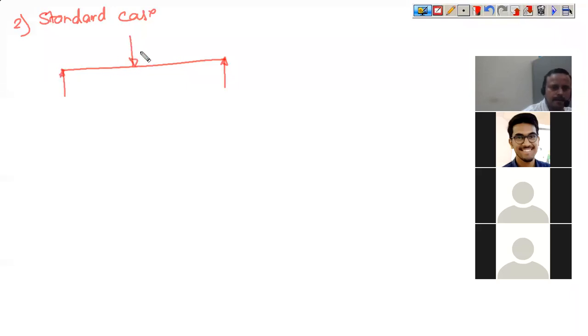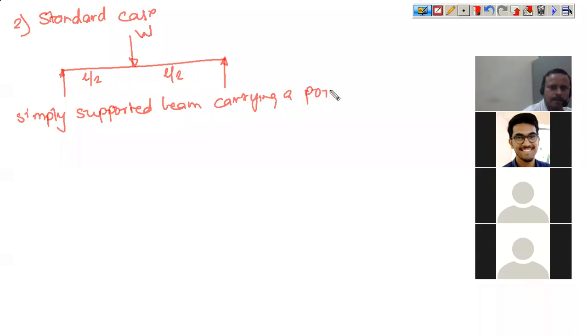There are other standard cases. The second standard case is a simply supported beam carrying a point load at the center.